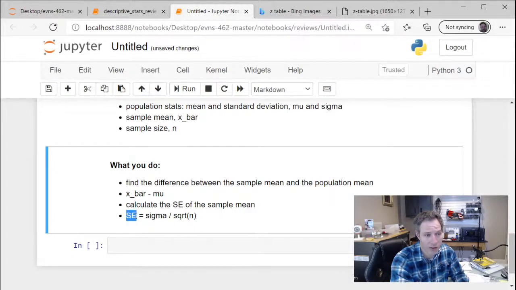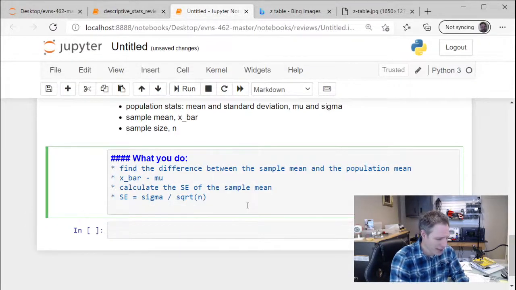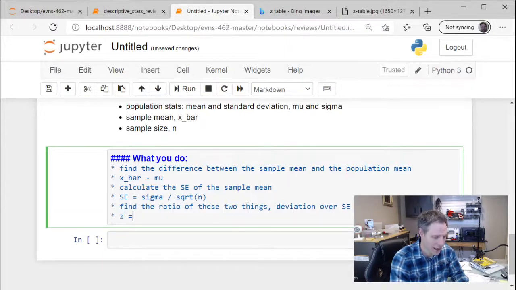So the standard error of the sample mean gets smaller as your sample size increases. All right, and then the last thing is find the ratio of these two things. Deviation over standard error. All right, so that is z is equal to the deviation between the sample mean and the population mean divided by the standard error of that population mean.